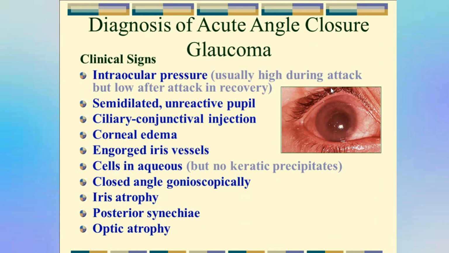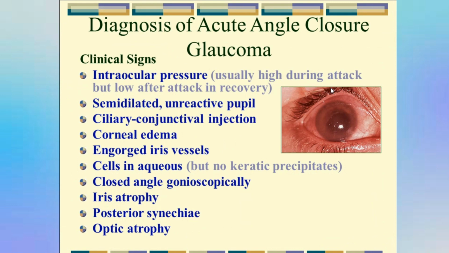Clinical signs: intraocular pressure is usually high during an attack. When you palpate the eye, it is very hard, like a stone, and even without measurement, we can estimate the intraocular pressure. The pupil is dilated. We can see redness of the eyeball, corneal edema, or if we can see the angle of the anterior chamber, we see that the angle is closed.